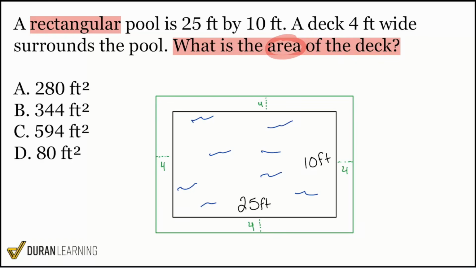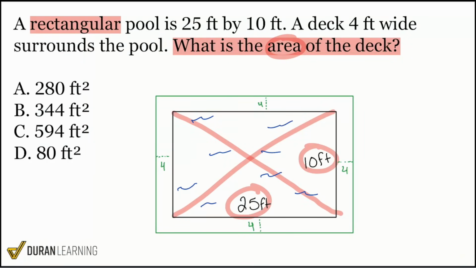So the way that we're going to get the area of just the green is, pay attention. We're going to take the entire area of all of this, okay? We're going to take the entire area of the big part of the outside, and then we are going to cut out this part here. The 25 by 10, we're going to cut it out.